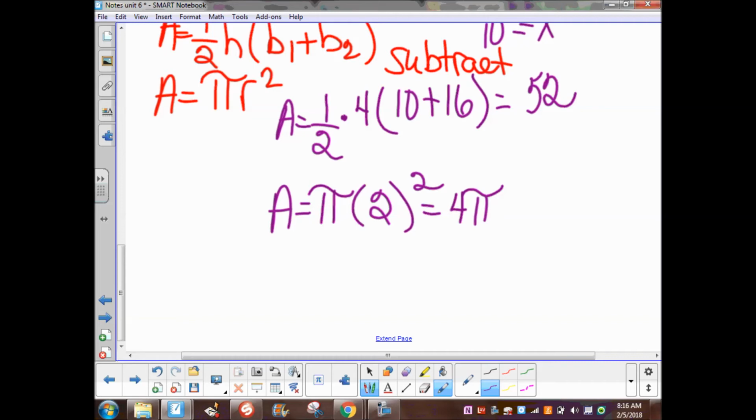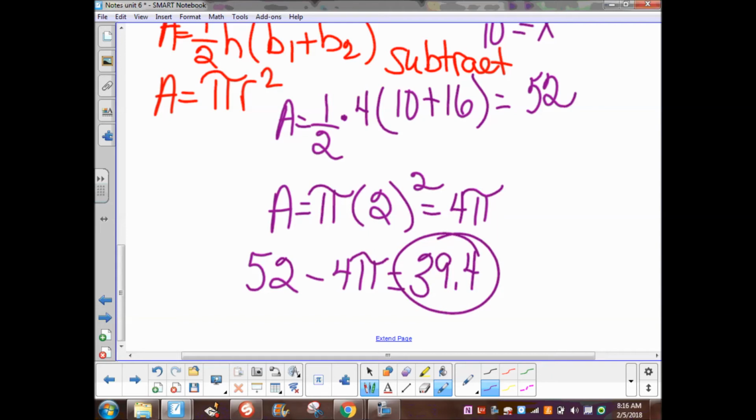We said subtract, so trapezoid minus the circle ends up being, who's got that? Somebody got an answer for me. Caitlin, what do you got? 39.43, and it says to the nearest tenth, so 39.4.